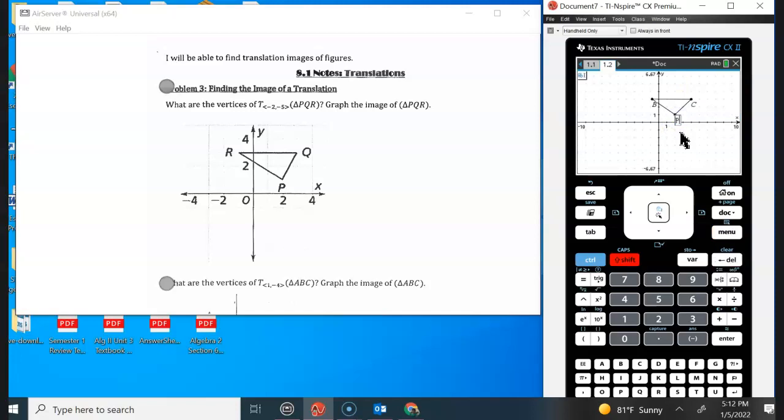So that's going to be P. This will be Q. And this is R. It's kind of hard.